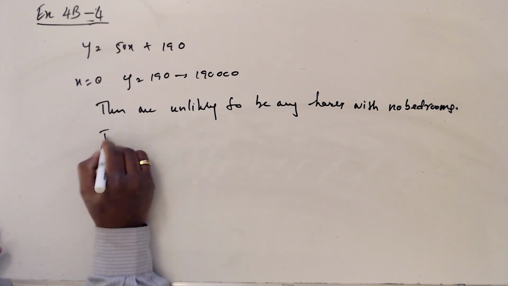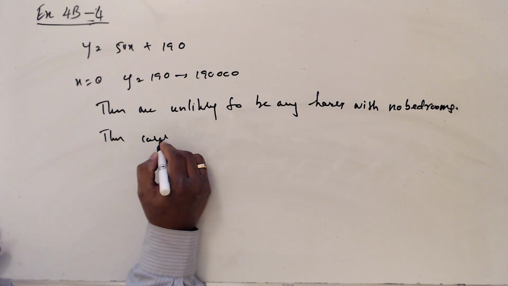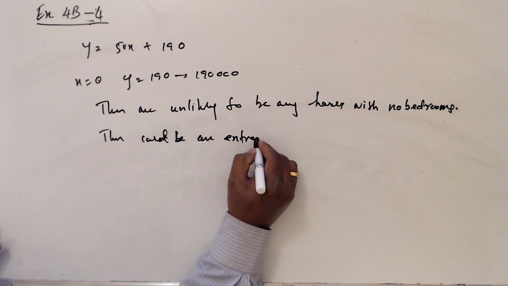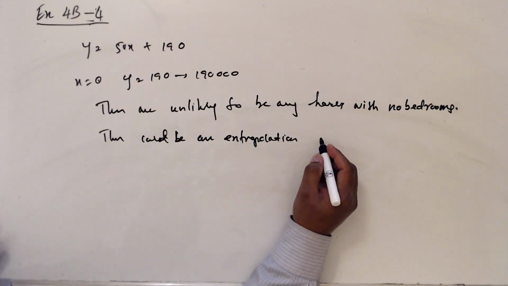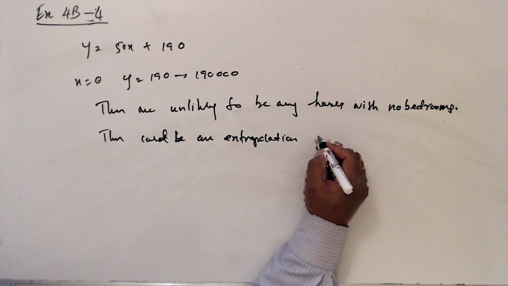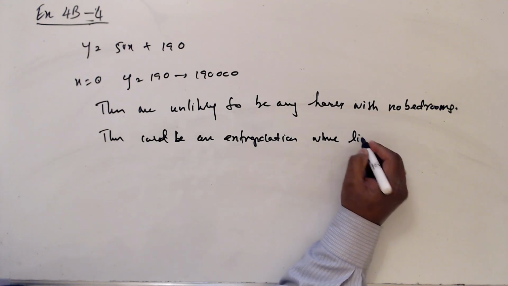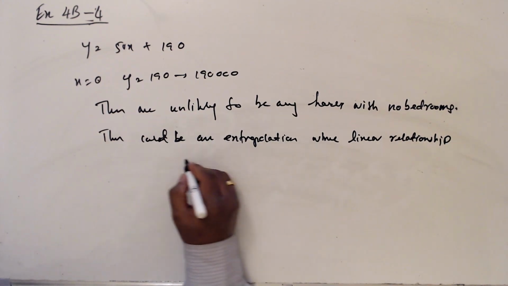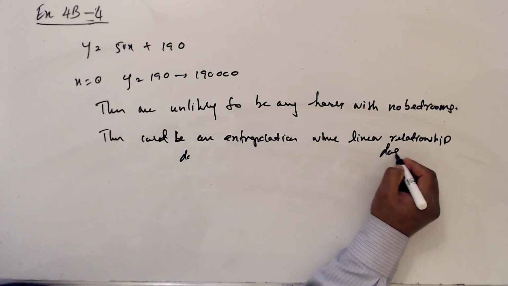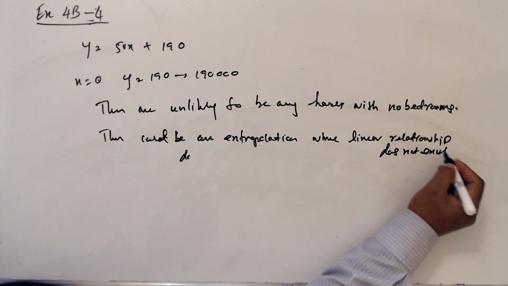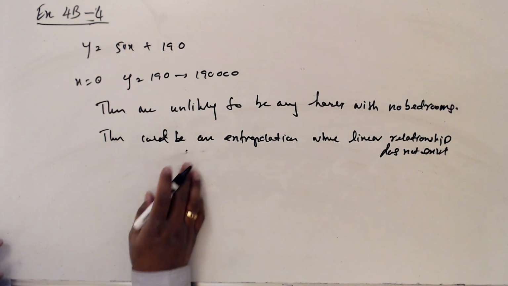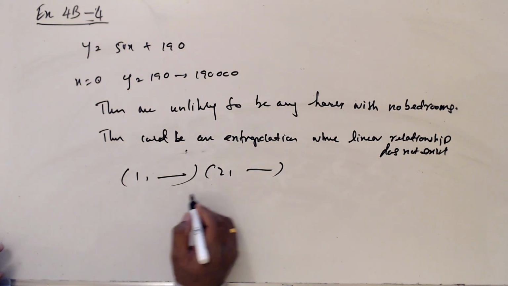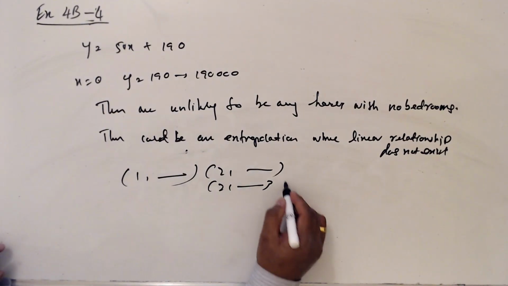Further, this could be an extrapolation where the linear relationship does not exist, because usually when we gather the data, we gather one bedroom, this is the price, two bedrooms, this is the price, three bedrooms, this is the price.